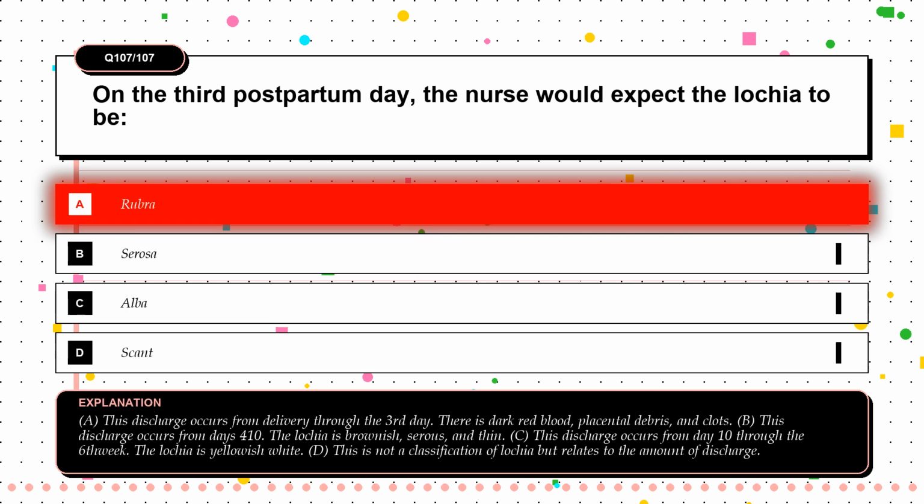This discharge occurs from delivery through the third day. There is dark red blood, placental debris, and clots. B. This discharge occurs from days 4 to 10. The lochia is brownish, serous, and thin. C. This discharge occurs from day 10 through the 6th week. The lochia is yellowish-white. D. This is not a classification of lochia, but relates to the amount of discharge.